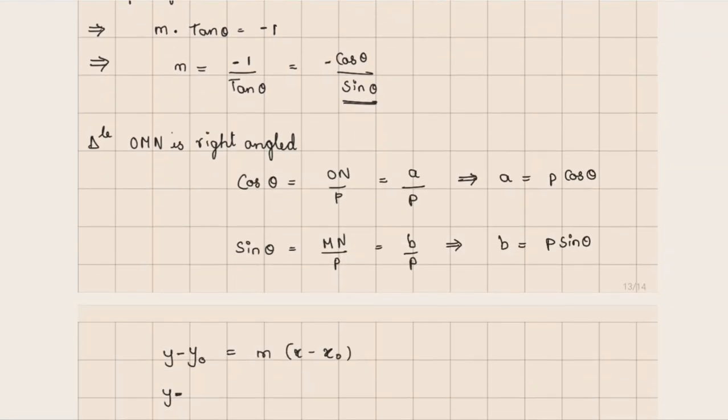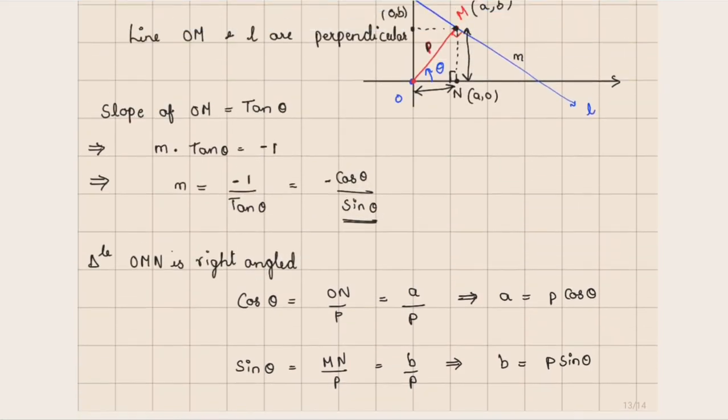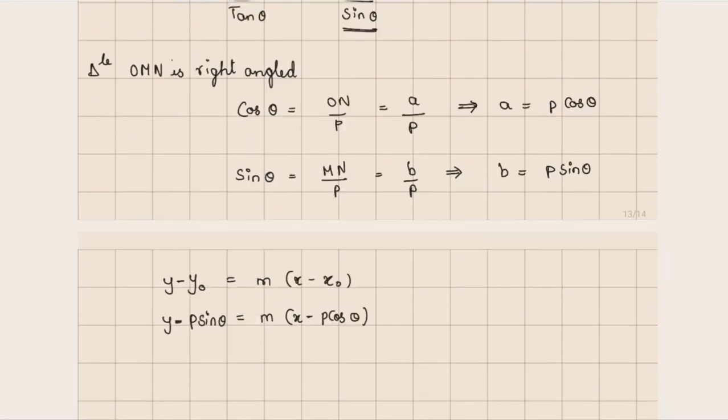So substitute y naught as P sin theta, which equals m into x minus x naught, where x naught is P cos theta. What is the slope? The slope is minus cos theta by sin theta.